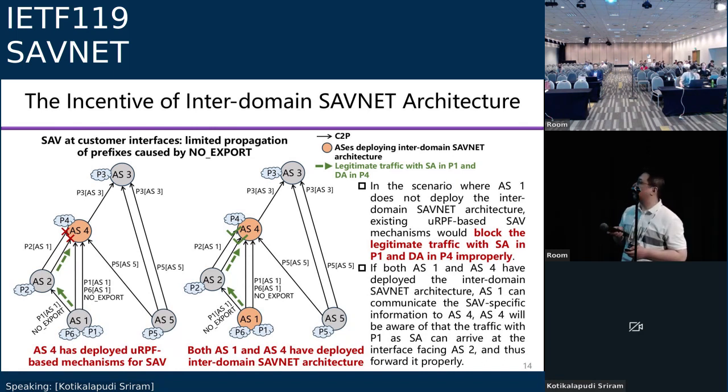So in the left-hand figure, you're considering uRPF, but you're not considering BAR-SAV. If you did consider BAR-SAV in this figure, it is possible that AS4 can learn about the prefixes of AS1 and AS2 using the ASPA information as well as the ROA information.